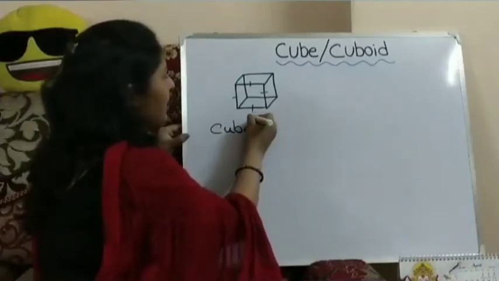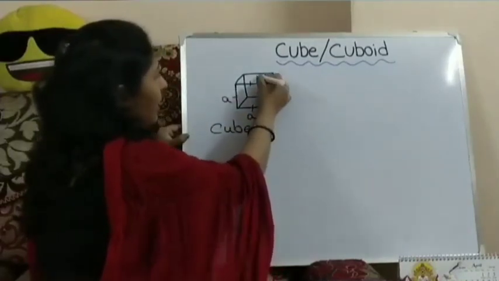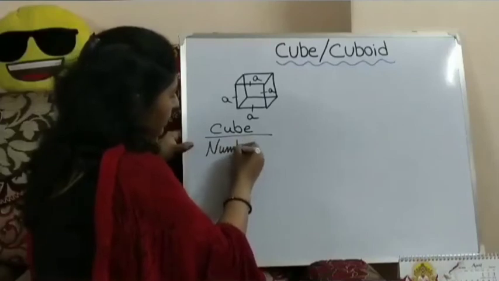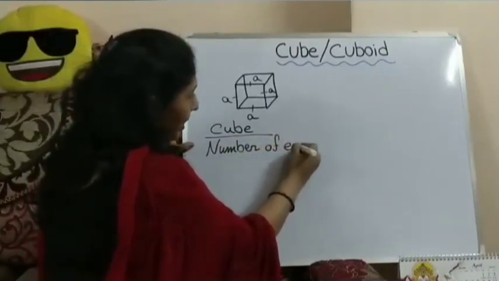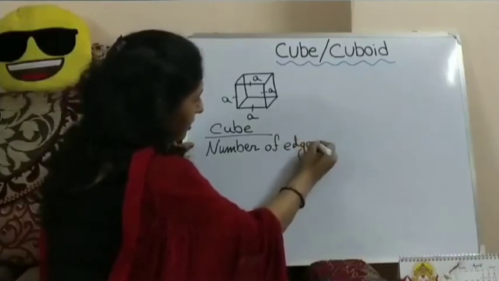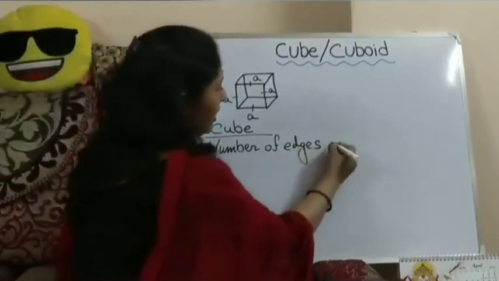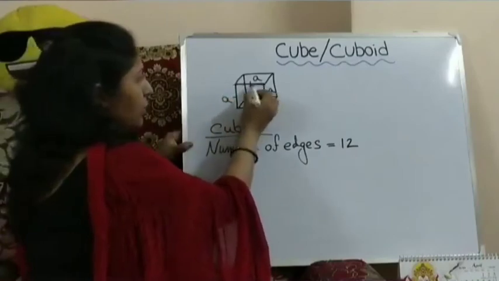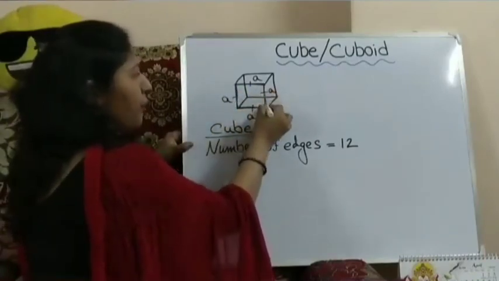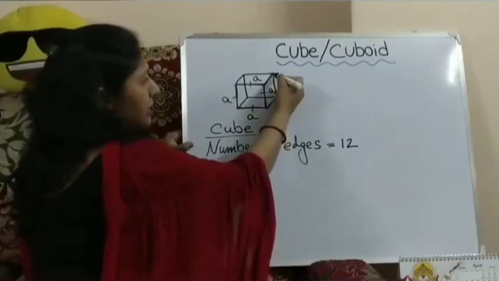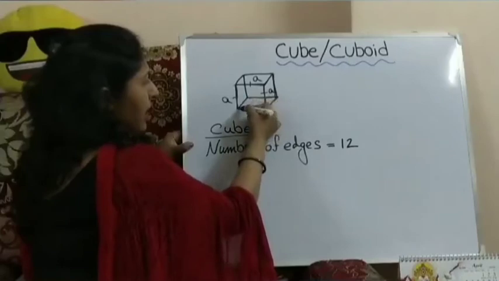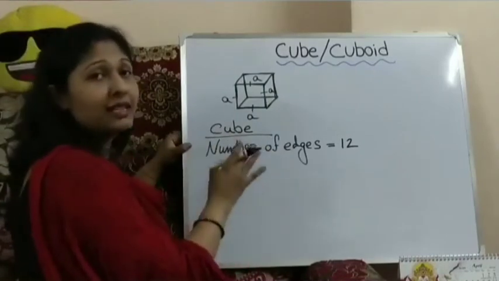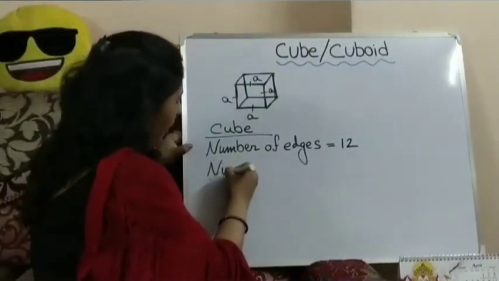So all sides are like A and A. So in cube, number of edges are 12, because see 1, 2, 3, 4, 5, 6, 7, 8, 9, 10, 11 and 12. So edges are 12.